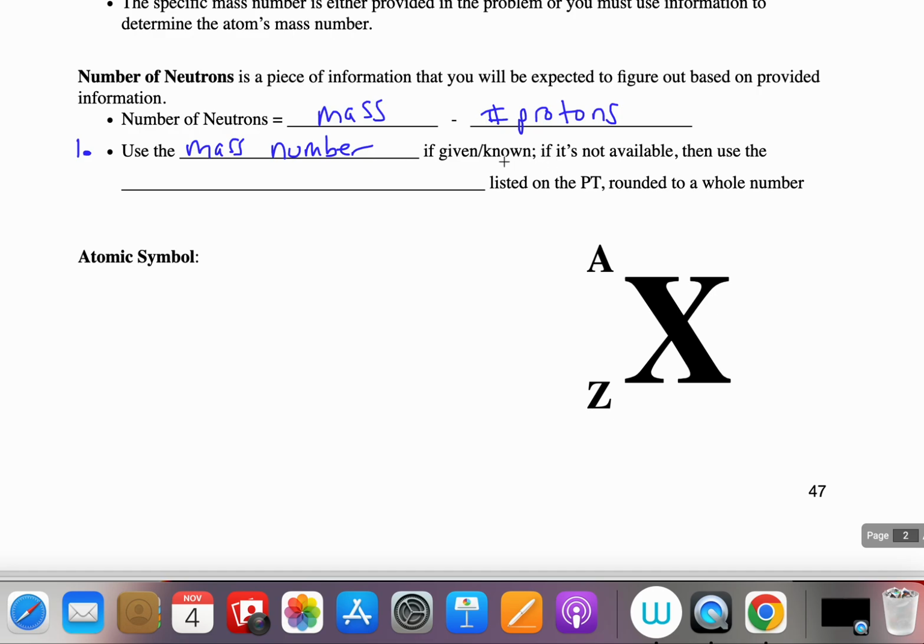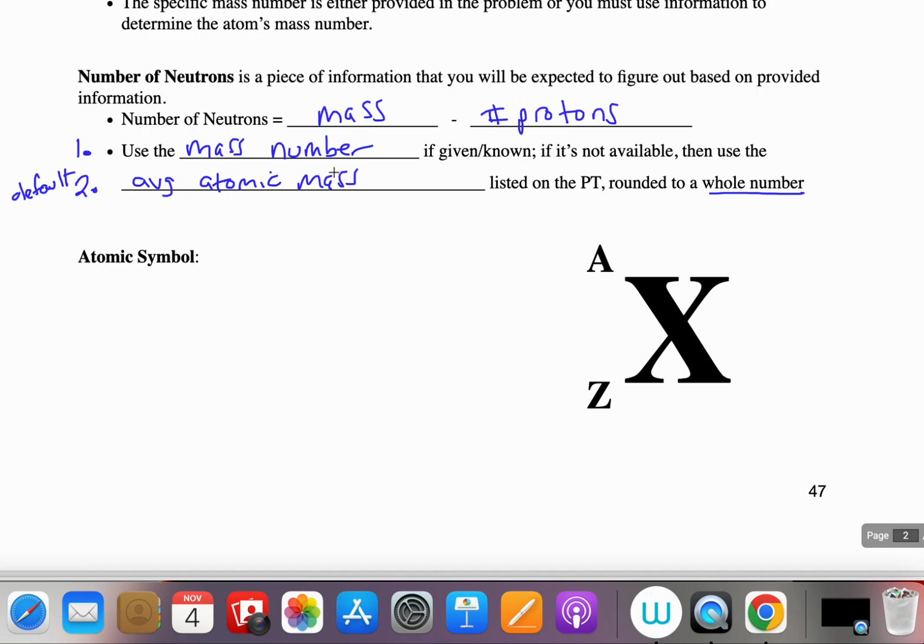If the atom's personal mass number is not available, then number 2, our default choice, is to use the average atomic mass that is listed on the periodic table, and we need to round it to a whole number. The masses that we see listed on the periodic table are what I refer to as general population mass.